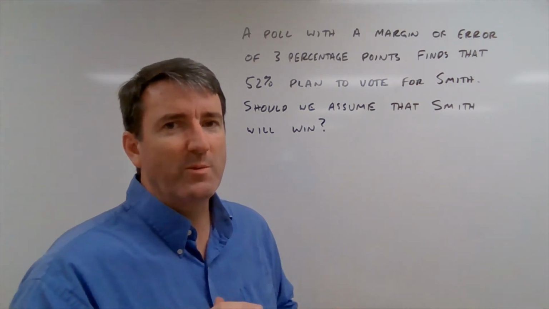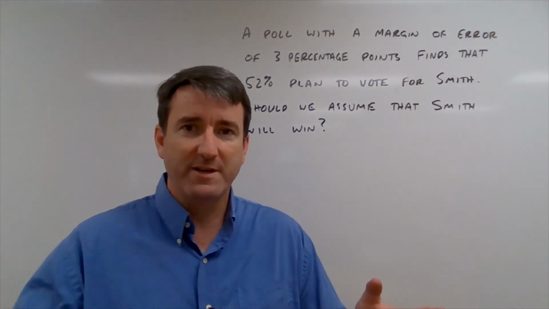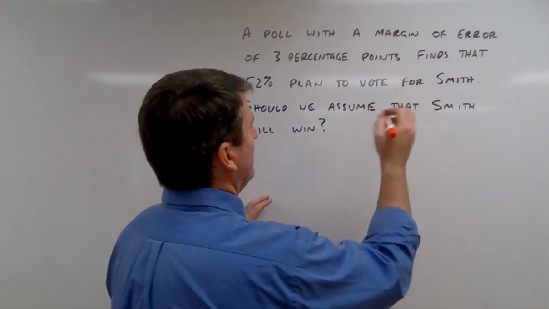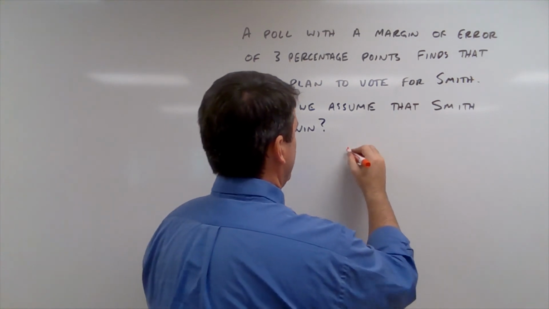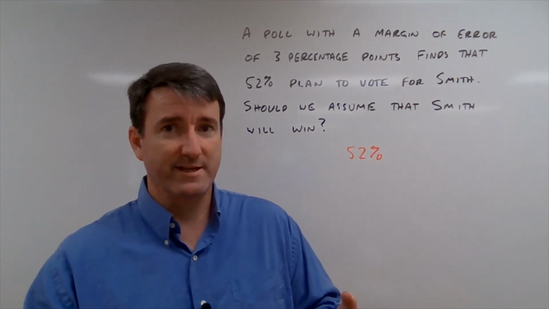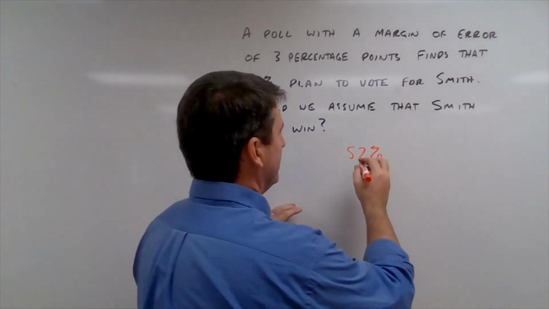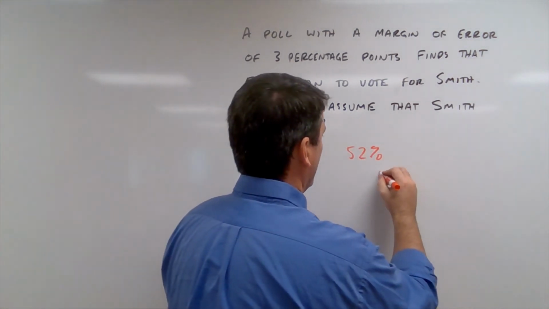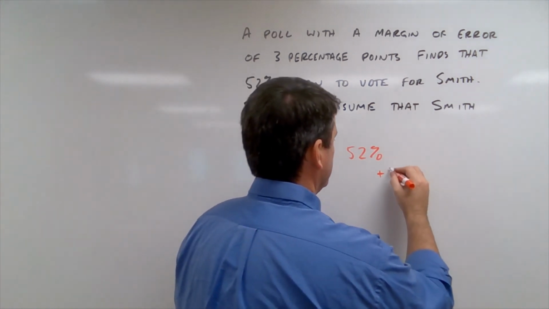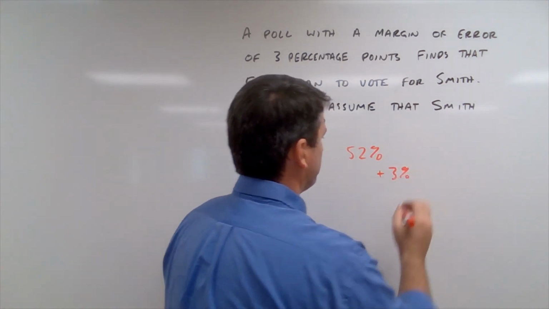All right, so first what we need to do is find the confidence interval for our survey. We're told that 52% plan to vote for her. So that's our sample statistic. Then to that 52%, we're going to add our margin of error, which is 3 percentage points.